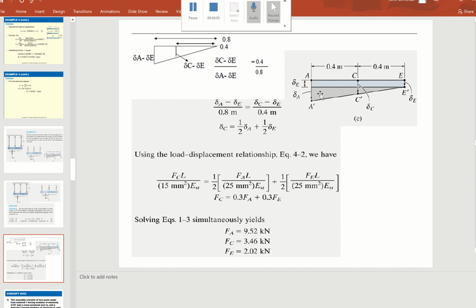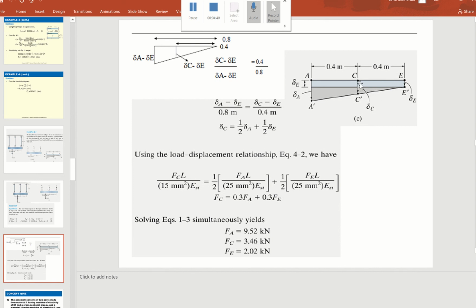If we assume A is elongated the most, we get this sketch right here. Then, going back to an earlier video, we use proportionality or similar triangles to figure this out. This is how much E prime, that's called delta E, the deformation in bar EF.